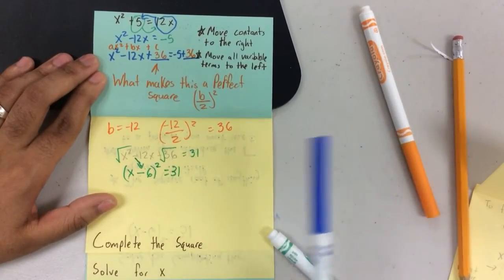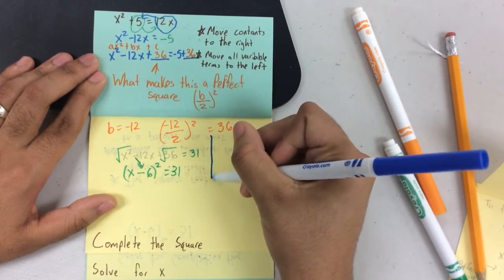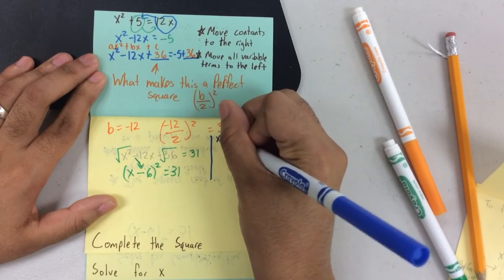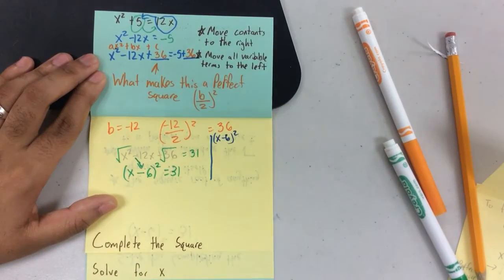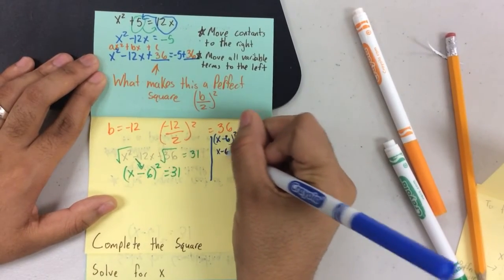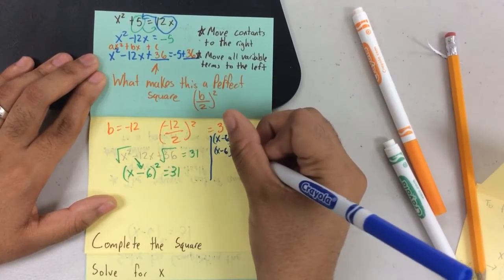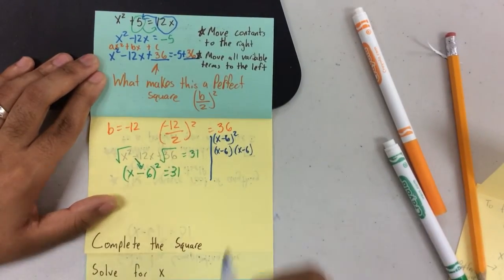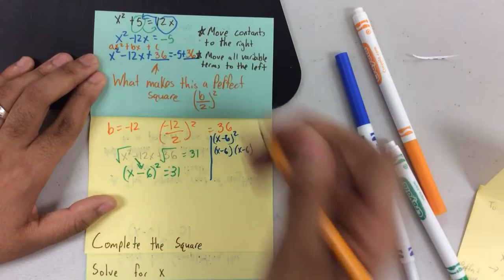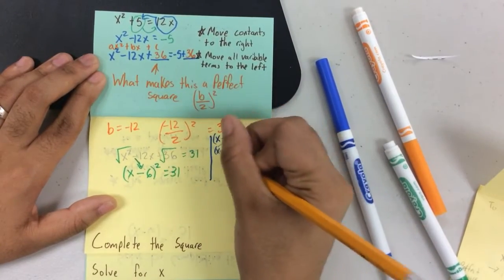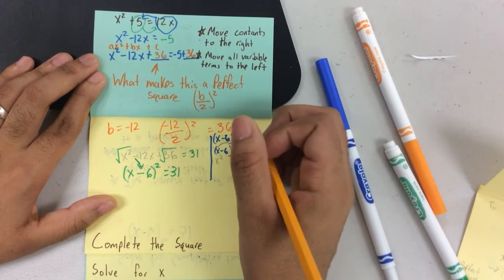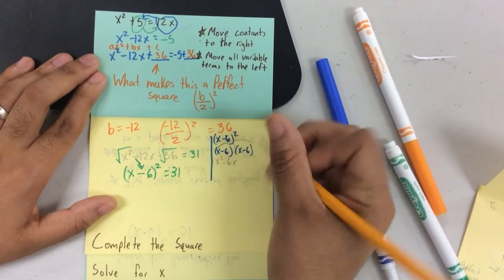So remember what a perfect square is. This is going to be a side note. If I have x minus 6 squared, that means you have x minus 6 times itself, x minus 6. If I multiply that using the box method or using FOIL, I'm going to get x times x is x squared. x times negative 6 is negative 6x.